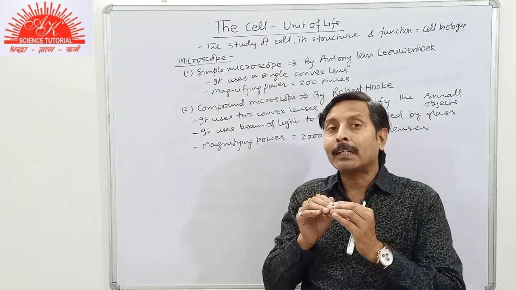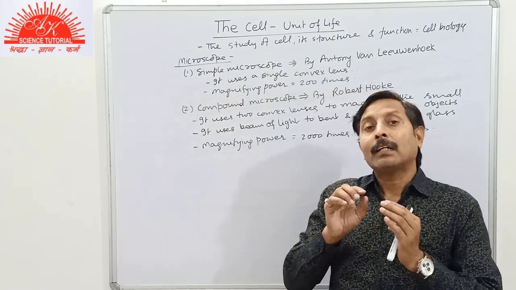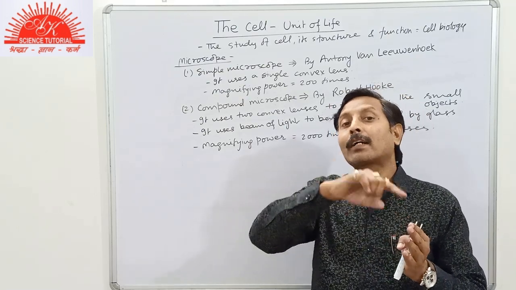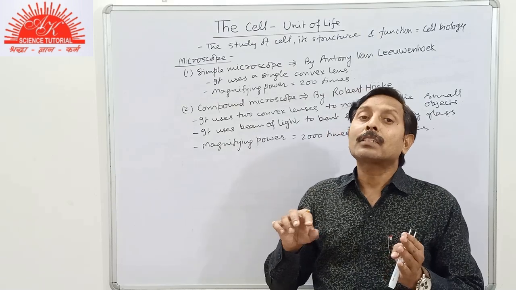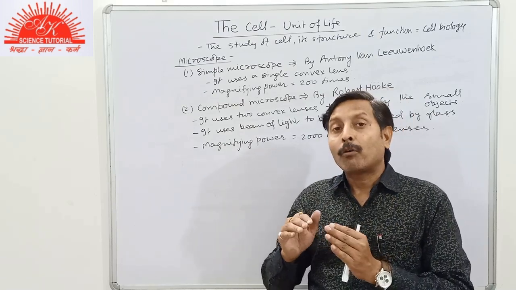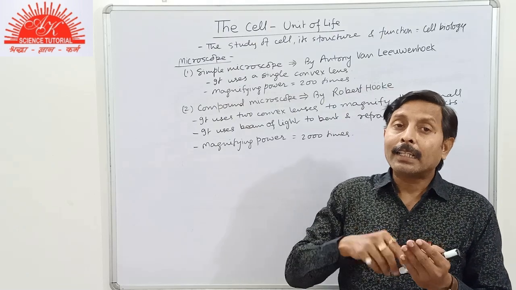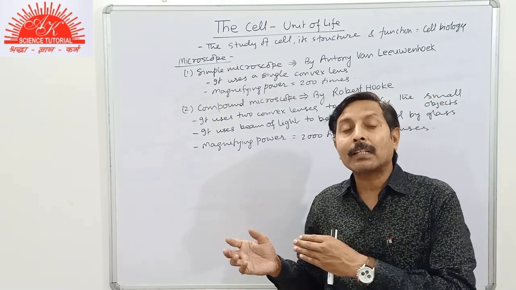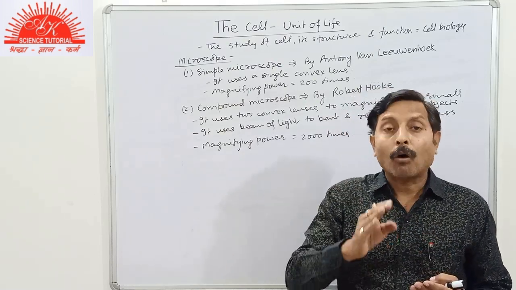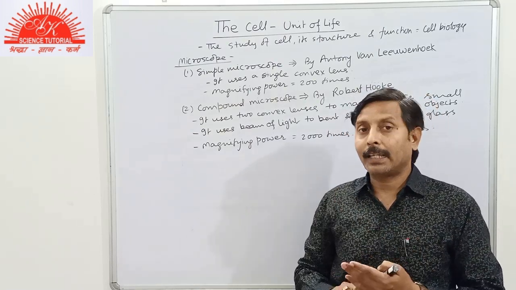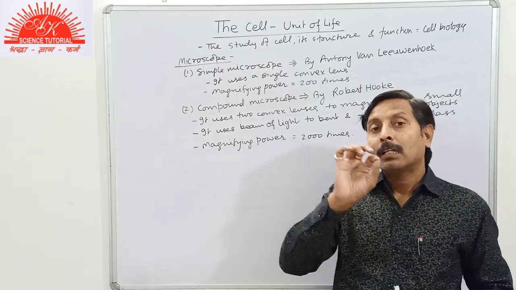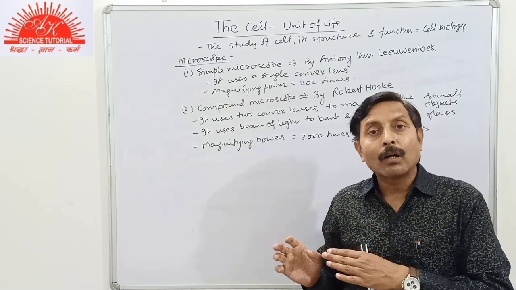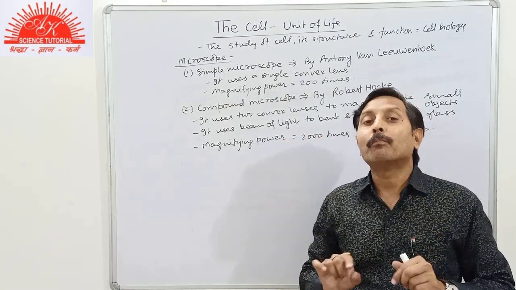He recalled that in a monastery there are small compartments called cells for the monks. Since in the cork there were empty box-like structures similar to that, Robert Hooke also called these boxes cells. Since the cork cell was a dead cell, it appeared only like an empty box.